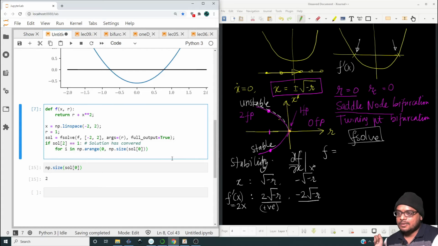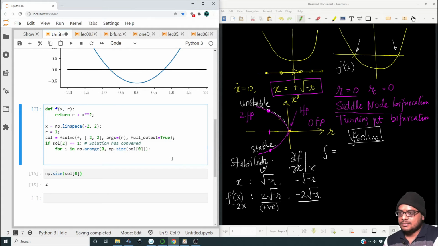So I do a loop over all the roots. For i in this, what should I do? I should check the root. Root is equal to sol 0 i. This is the root that we extract. I will loop over all the roots, and root will contain iteratively the first root, the second root, the third root, the fourth root, the fifth root, however many roots you have.